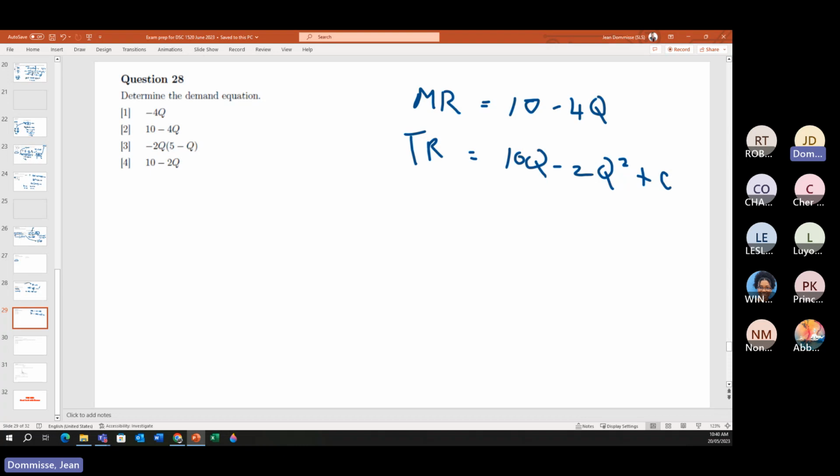Okay, so if we have the marginal revenue, we've got the total revenue. How do we determine what is the demand equation?